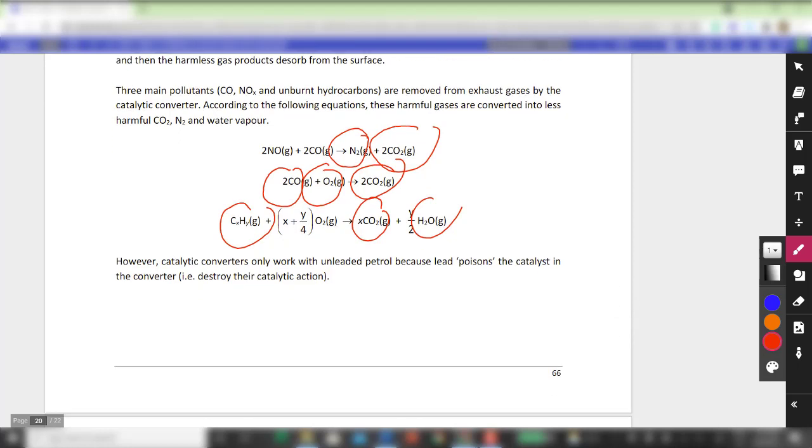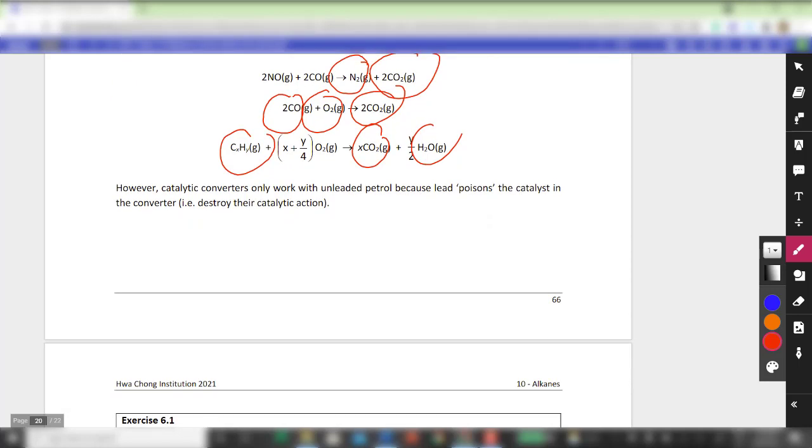I think you guys do not belong to a generation of leaded petrol, but anyway, some lead organic compound, tetramethyl lead, was added to petrol as an anti-knocking agent. But lead will poison the catalyst, though this is a long time ago. So nowadays all the petrol is unleaded, so we do not really need to worry about this.